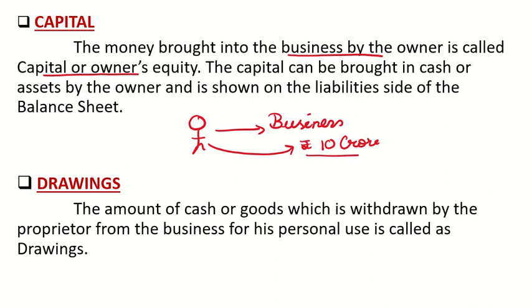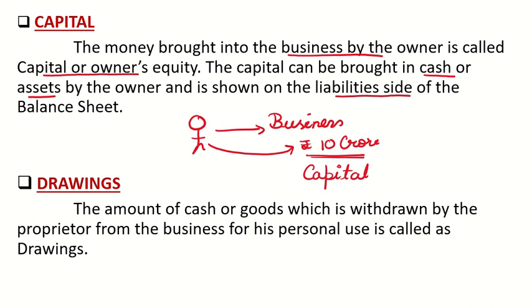This money which he has invested into the business is known as capital. This capital can be brought in cash or in the form of assets, and it is shown on the liability side of the balance sheet.